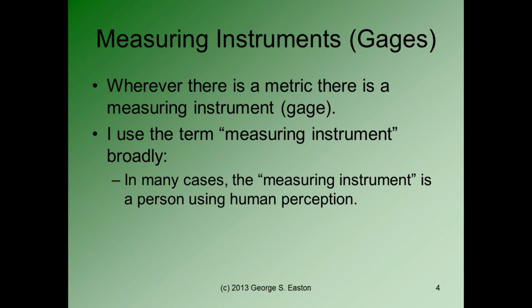So, for example, a human being and their judgment and perception are often used to determine whether the color of a product is within specification or whether a surface is flat enough or smooth enough or a lot of those kinds of things. But when a human being is making the judgment, then the human is a measuring instrument.